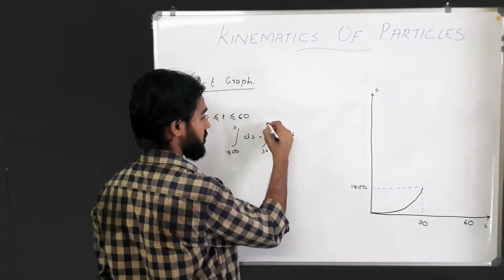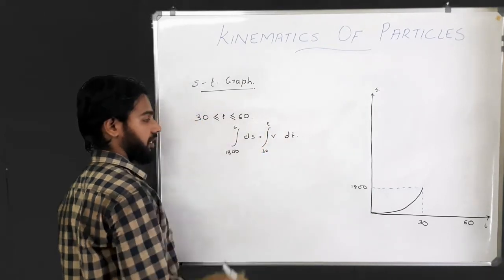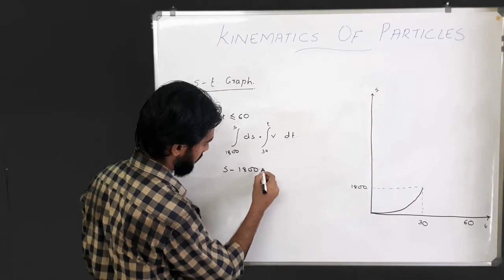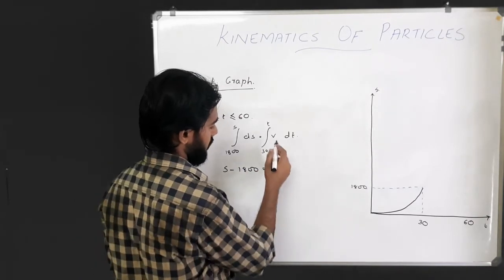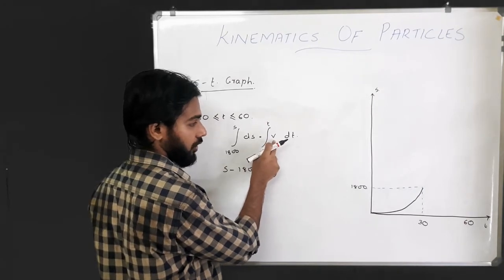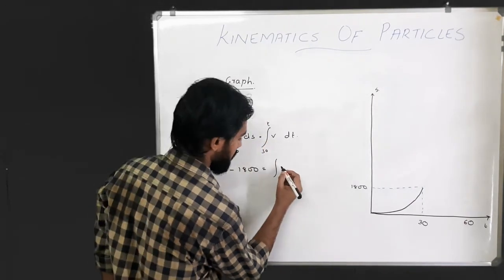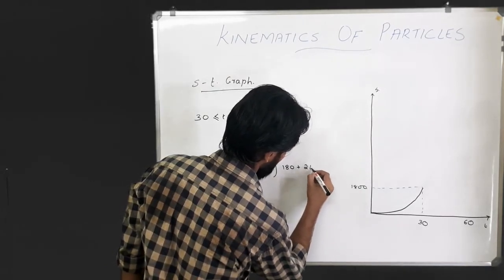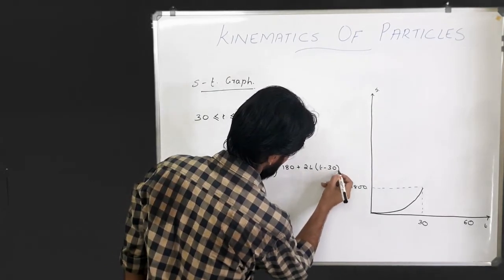In order to obtain the equation, I will not write here 60 but t itself. Now s minus 1800 will give you here v. From the previous plot we can obtain v for stage B. It is 180 plus 24 into t minus 30.